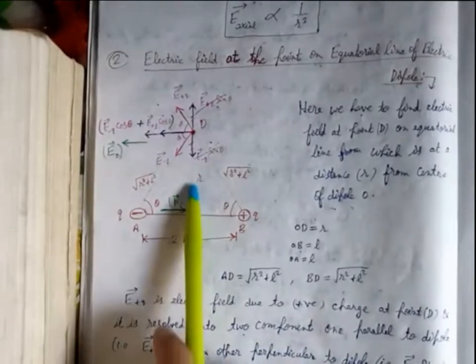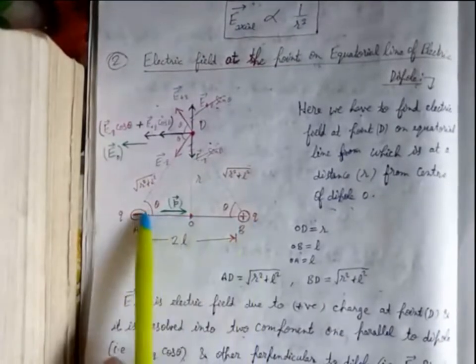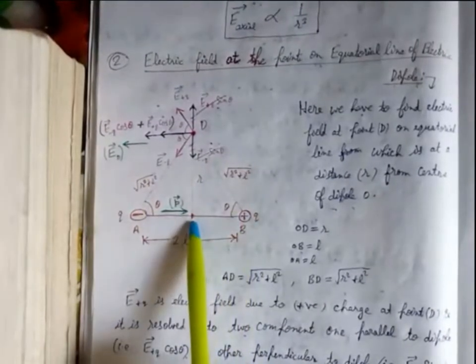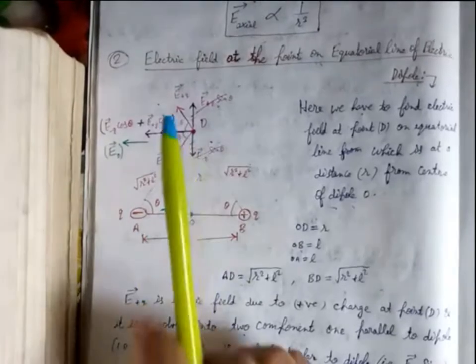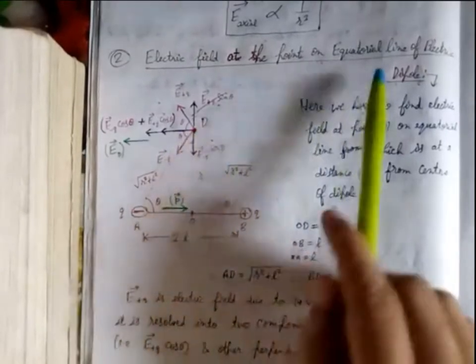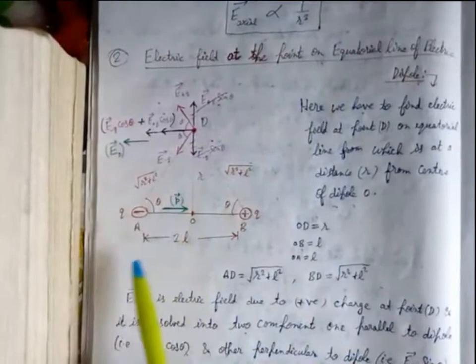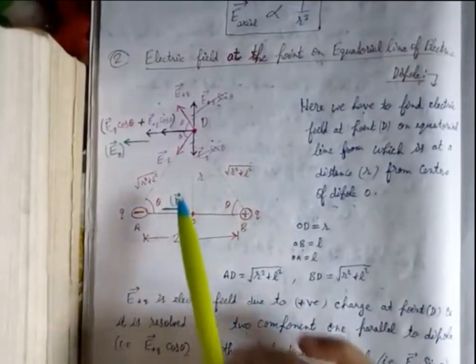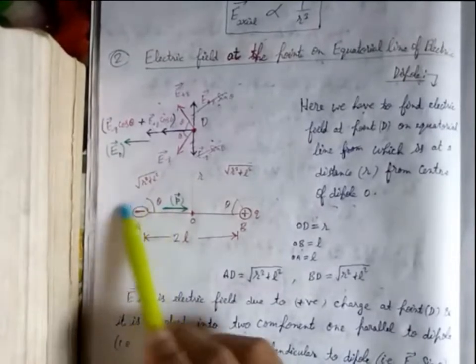So this OD is the line which is perpendicular to the axis of the dipole and passing through the center of the dipole, and we have to find the electric field at this point D, which is called the equatorial point. So here first we will find the electric field due to this minus Q charge.